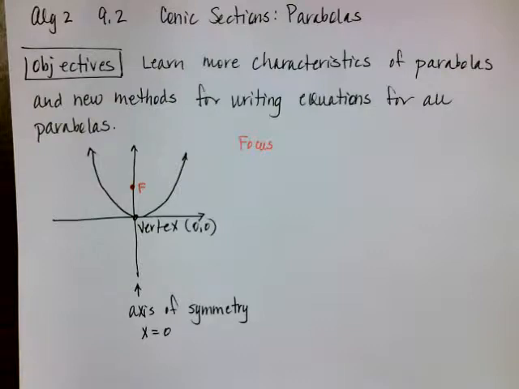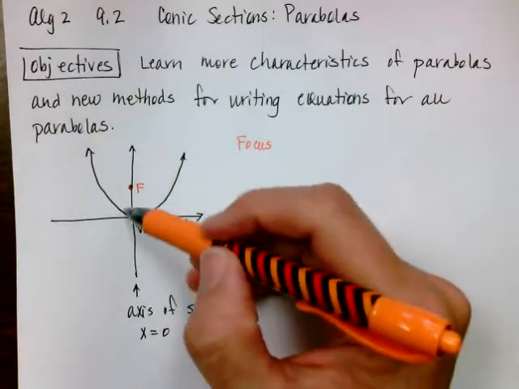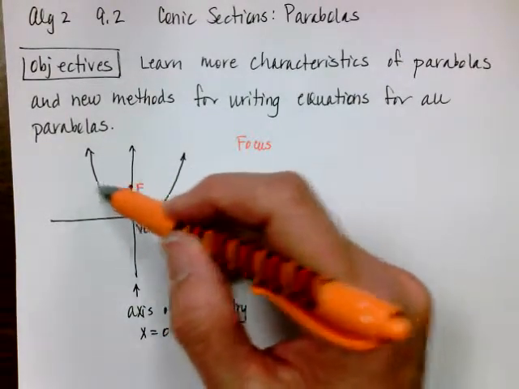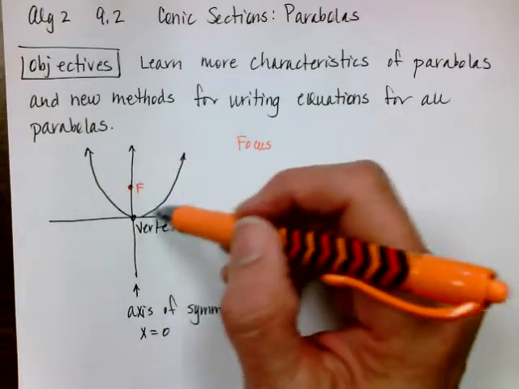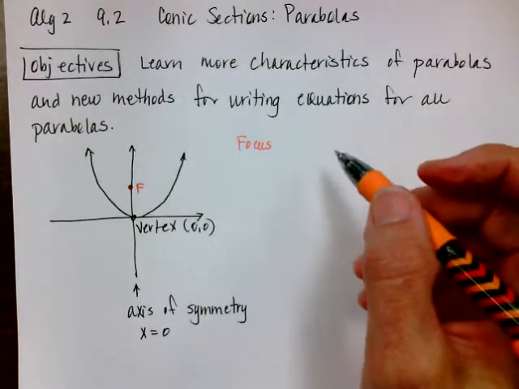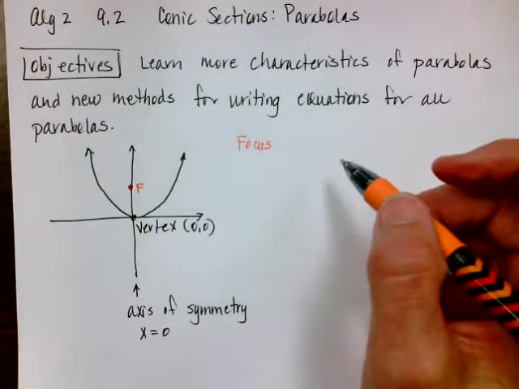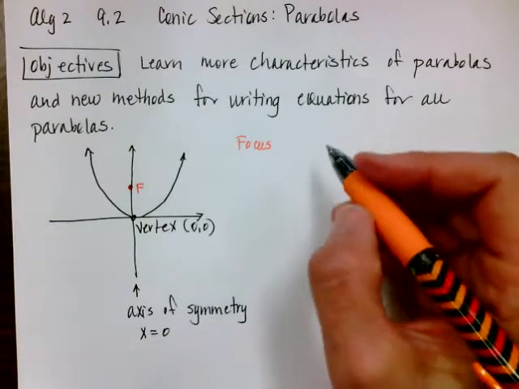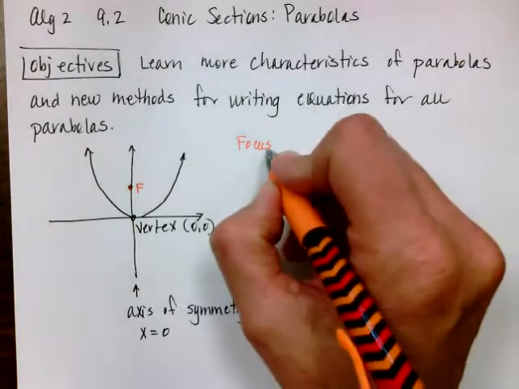What happens with the focus is that information comes in here, and then it might bounce off of our curve and then bounce back out into space. So the focus is actually very unique. We won't talk much about it other than how to find it, but we will talk about the focus.